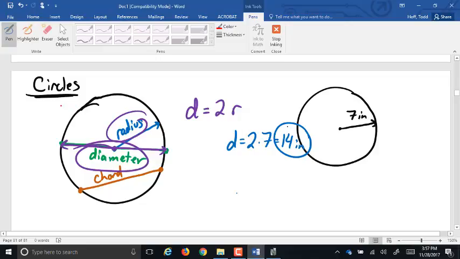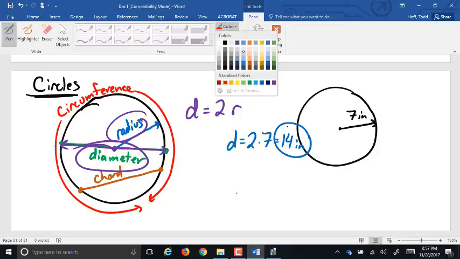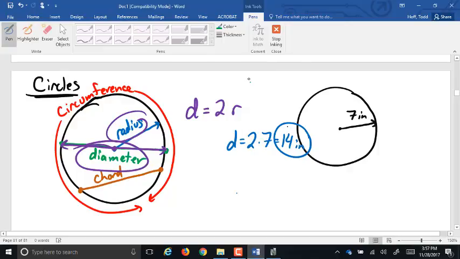Now then, we have something called a circumference. The circumference is the distance around the circle. Before we can talk too much about it, we have to define a constant called pi.